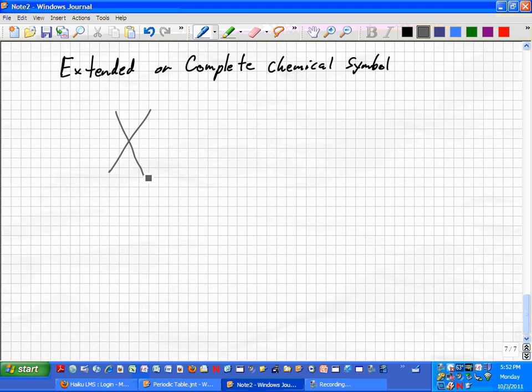X doesn't represent any specific element. It's just general. It's a variable. It can change. You've got four corners around this variable. Up here, in this corner, you'd find charge. In this corner, you would find the mass number. In this corner, you'd find the atomic number.